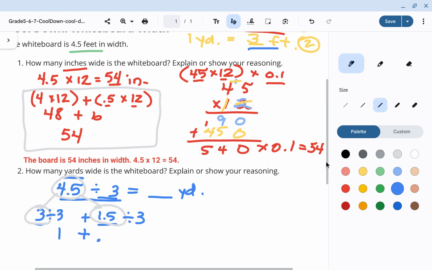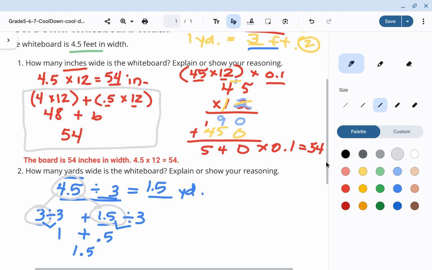So I know that really here I have 1/2 and here I had 1. So together, 1 1/2. Now that 1 1/2 equals what? That 1 1/2 equals how many yards are in 4 5/10 feet.